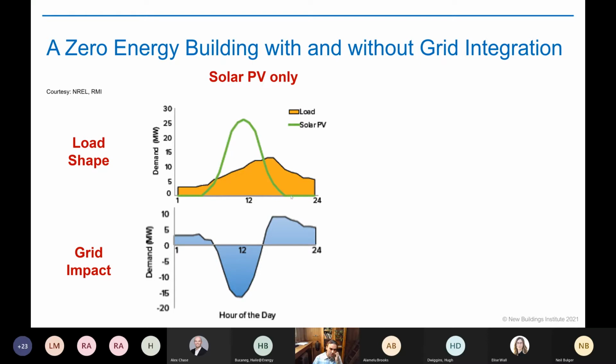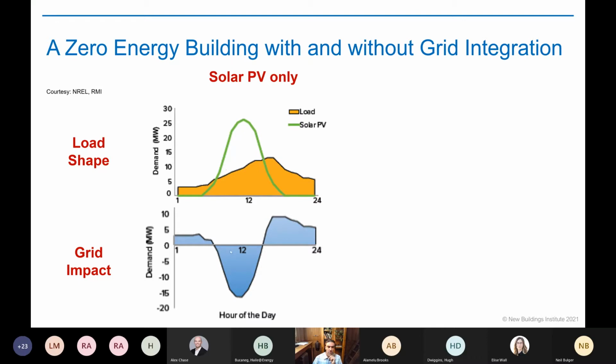And this is a day where the building netted out to zero. So its load goes, maybe this is actually annualized. I think it's annualized. The load goes up, 10 or 12 megawatts over the whole year. And it's over the course of the whole day. The area under the gold curve equals the area under the green line, right? That is to say it reaches net zero.